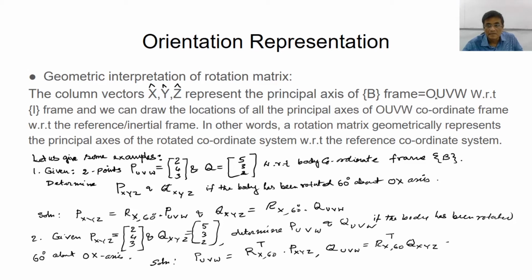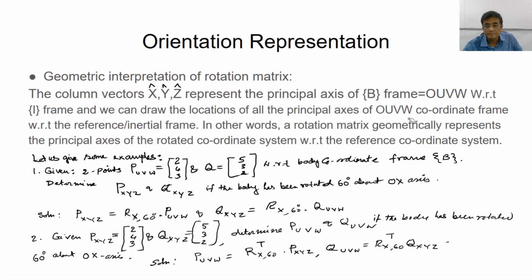Okay, that is O, U, V, W with respect to the inertial coordinate frame, and then we can actually draw the locations of all the principal axes of the body coordinate frame with respect to the inertial coordinate frame.